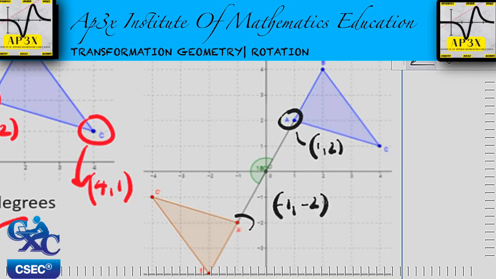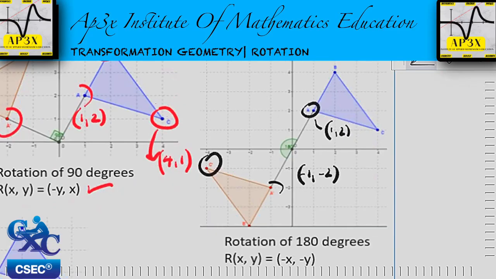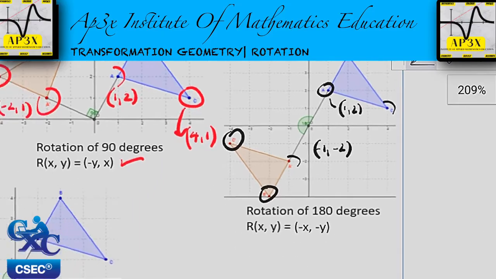So obviously you can see that there's a clear change in the signs of the ordinate values. All right, and that's 180, and that's very consistent with C and C prime and B prime. You can check that out on your own.